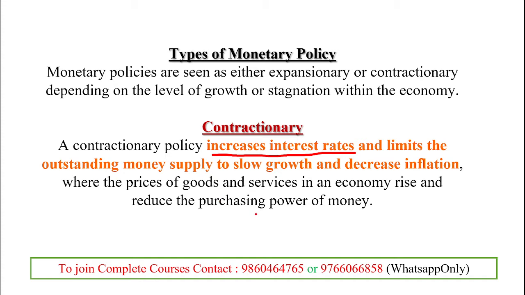Whenever there is inflation or excess money supply, the RBI will make monetary policy contractionary and thereby reduce the purchasing power of money. So it will help the economy to control money supply and get an equilibrium in the overall money supply of the economy.